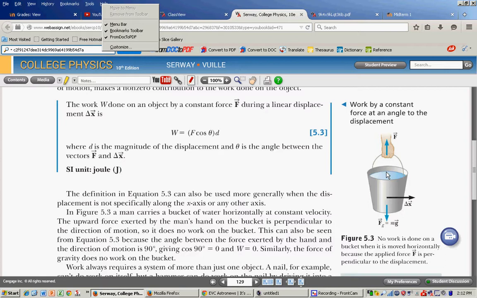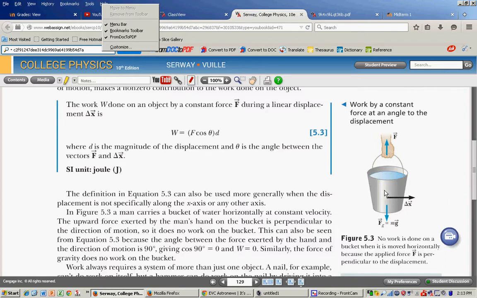So if the bucket's not moving up or down, if it remains at the same level, these two forces cancel out. So in this case, there is no work done if you move the bucket laterally to the right, in this case, without going up or down.